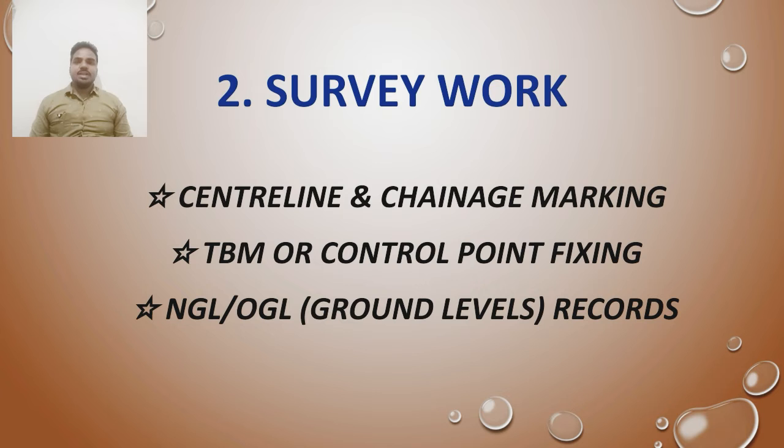And OGL means original ground level. OGL is the level taken after C and G or preparation of the bed by using mechanical means like grader, dozer, JCB and roller.